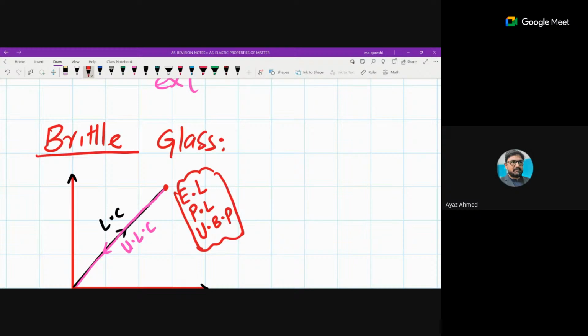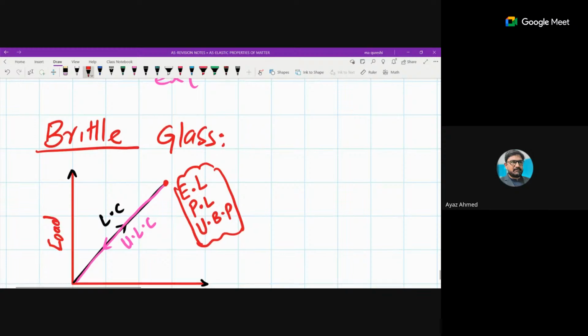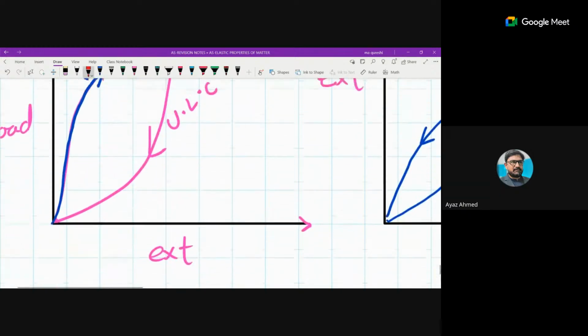Here the glass is broken. If your break point is here and you remove the deforming force below that, your glass will not be broken. Are you getting my point? But if you apply a little bit more force, what will happen? It will not come back to its original shape. Got it?